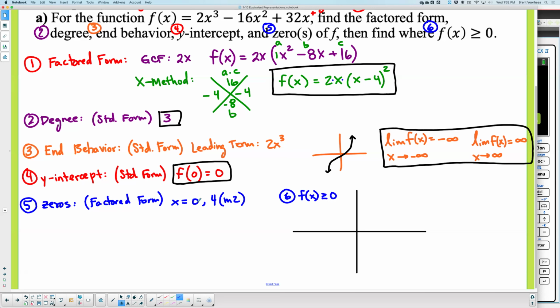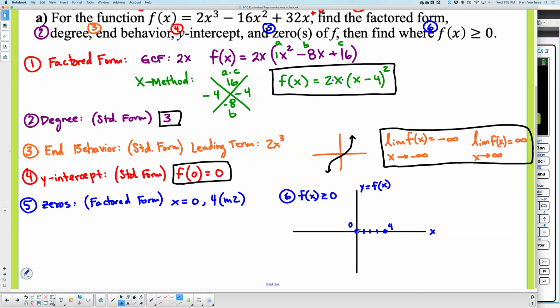What I'm going to do is put on my zeros. I know I have a 0 at 0, and I know I have a 0 at 4. Put 4 on this side. This is my x axis. This is my y axis, which y is the same thing as f of x.